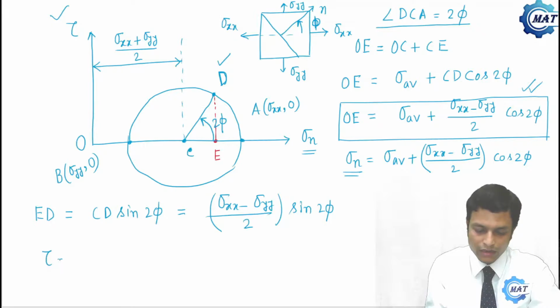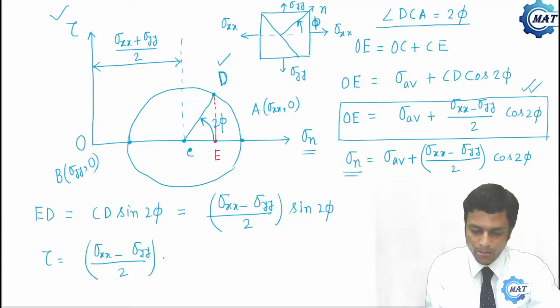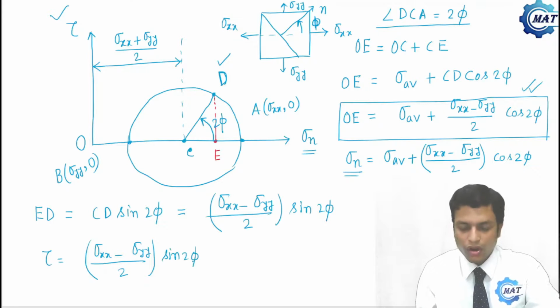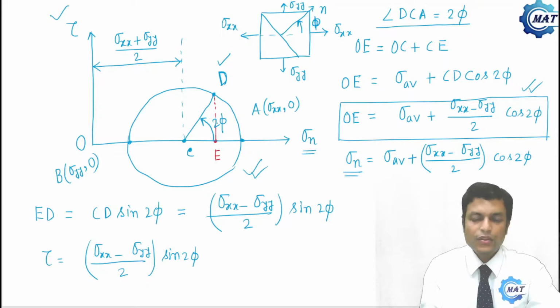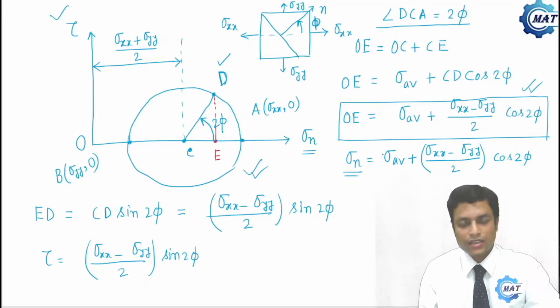So if we draw the Mohr circle, we do not have to go through this tedious calculation. Directly from geometry we get the values of normal stress and shear stress.